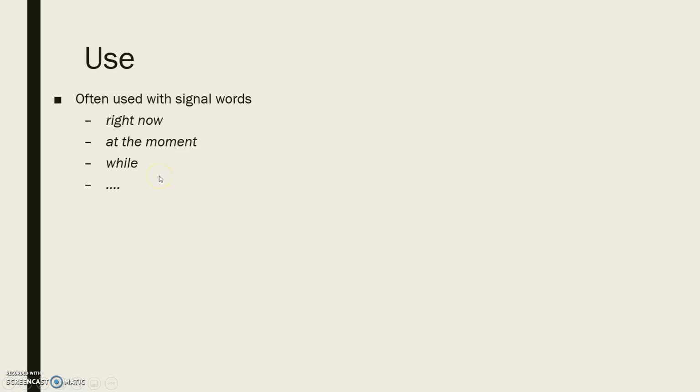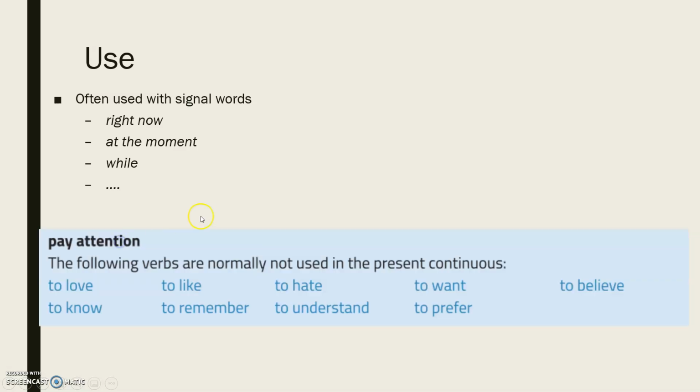For instance, while I was having dinner, my friend called. Ja? Terwijl ik iets aan het doen was, gebeurde er iets anders. That's also a typical one. So be aware of these signal words, as they may help you to decide if you need to use a present continuous.